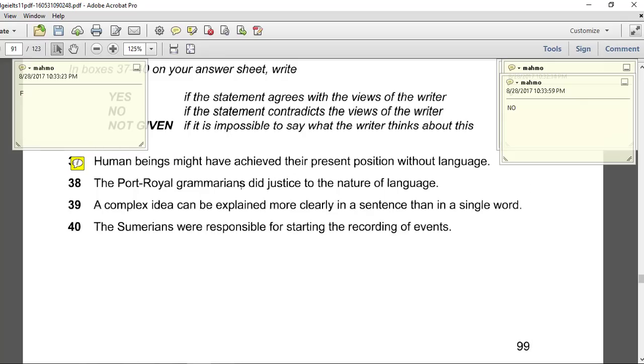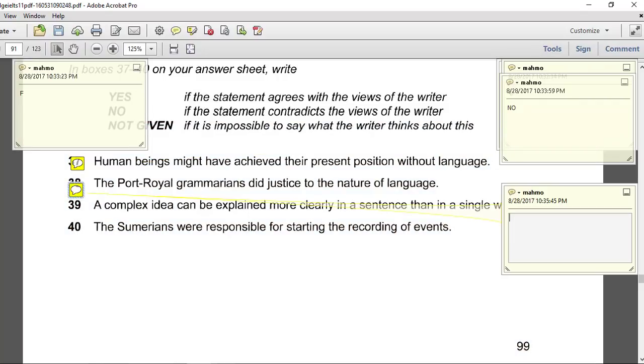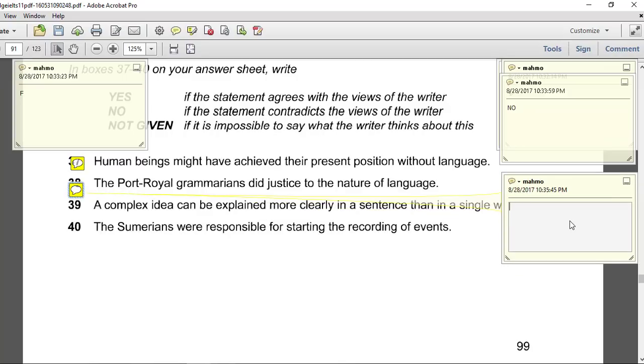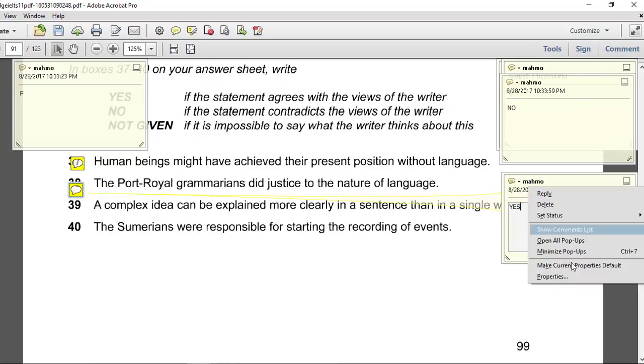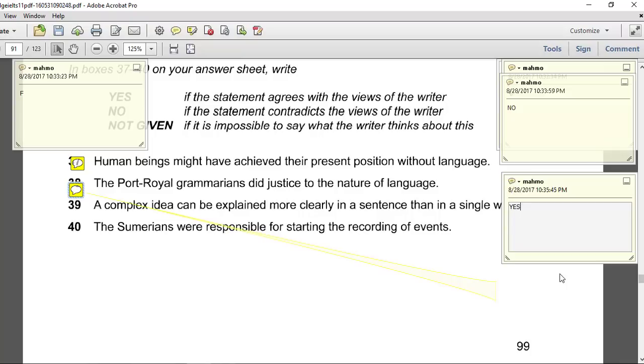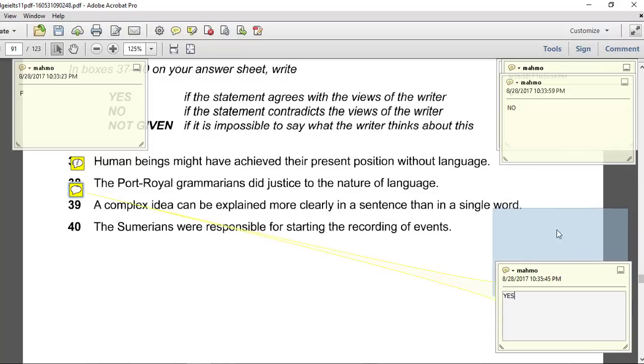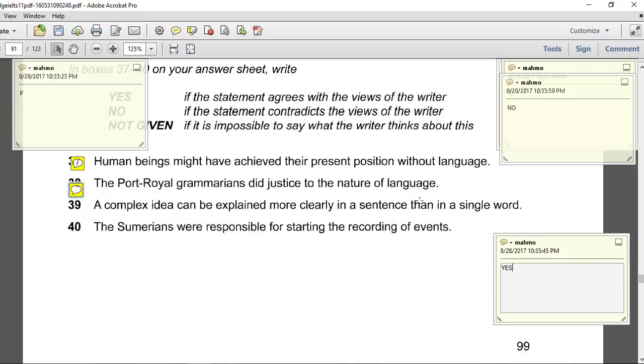Yes, they did justice. Of course, because they celebrated language and paid homage to language, as the passage says. So this is yes. 39: a complex idea can be explained more clearly in a sentence than in a single what? In a single word.